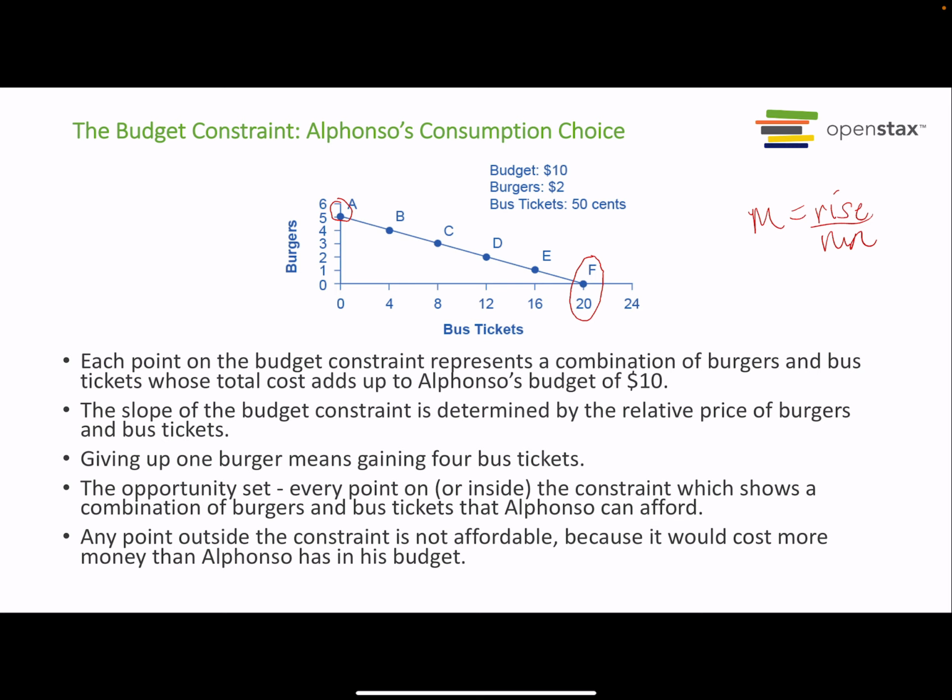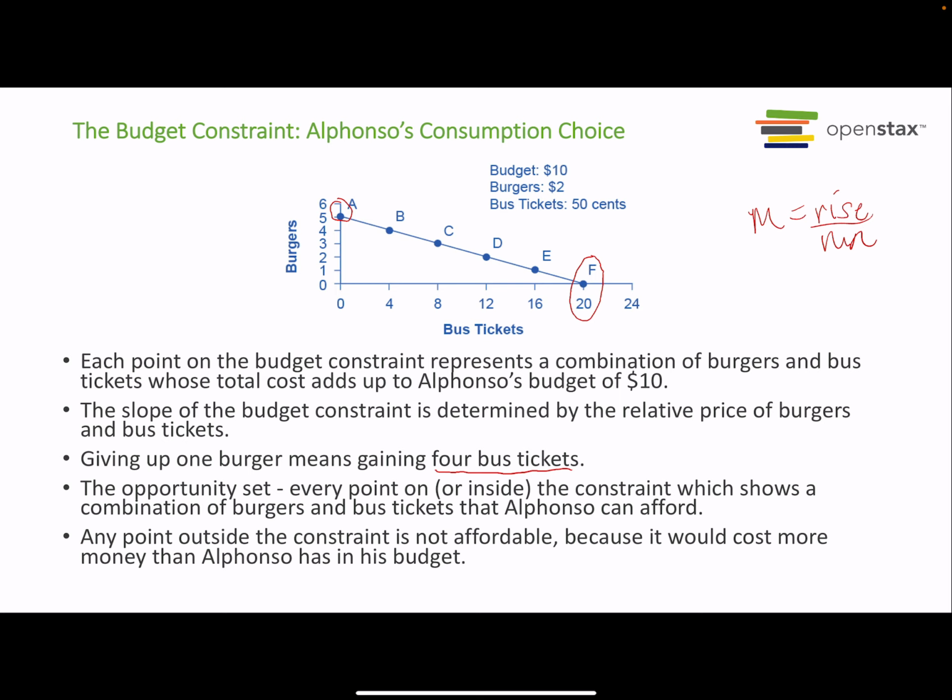He's able to then get 4 bus tickets. That's what we mean when we say relative price. 1 burger costs him $2. Yes, that's the monetary price, but the relative price of that 1 burger is the 4 bus tickets that he can no longer purchase. Again, that's related to the slope of the line.